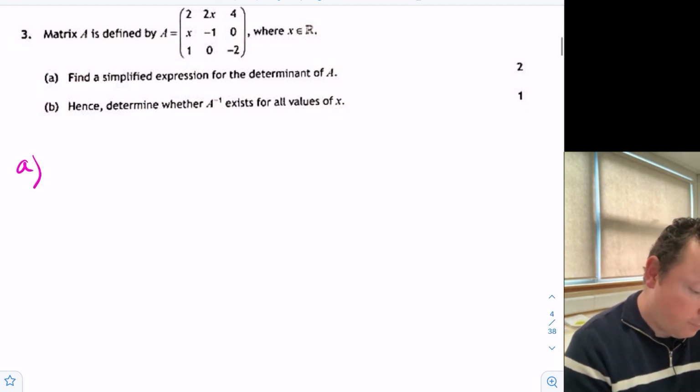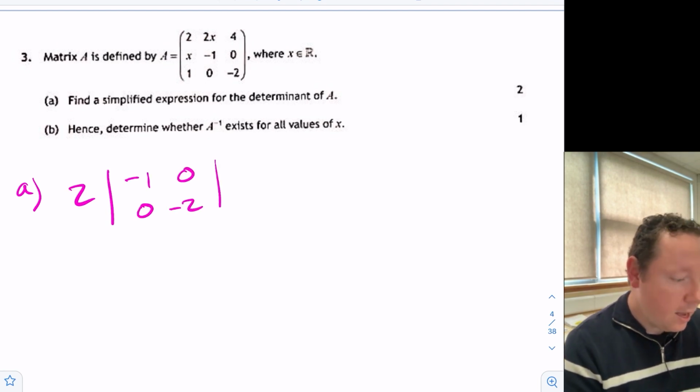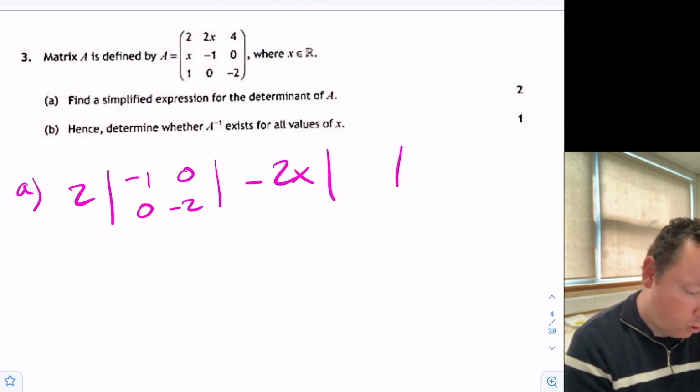So we're going to have 2, and then we delete these rows and columns, times the determinant of this matrix. So 2 times the determinant of minus 1, 0, 0, minus 2. And then it's minus 2x times the determinant of, we'll delete this row and column, x, 0, 1, minus 2. And then it's plus again the 4 times the determinant of x, minus 1, 1, 0.